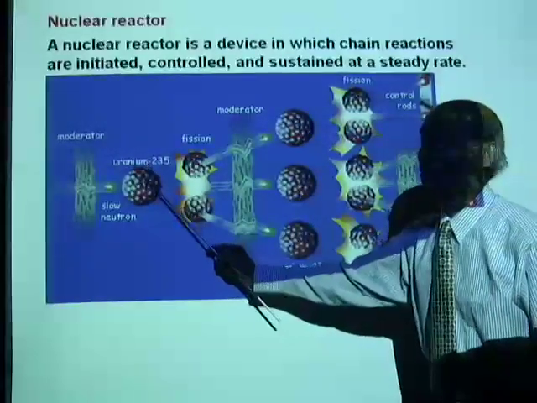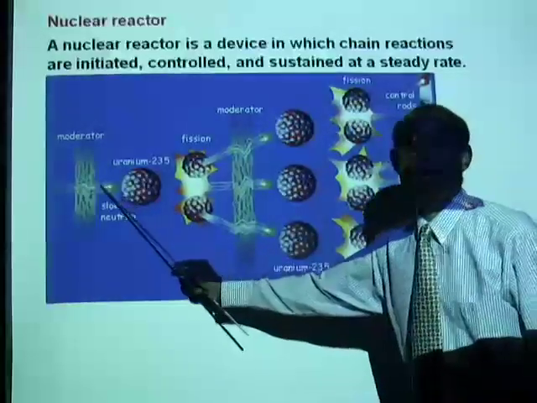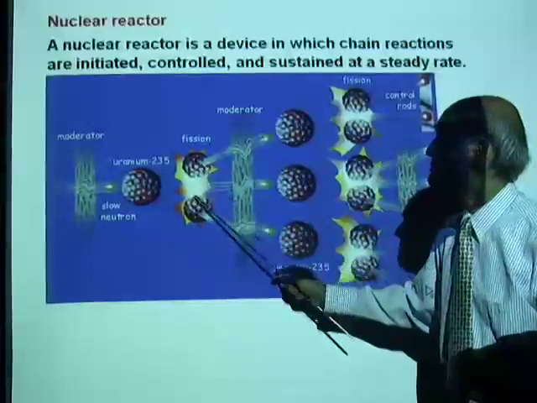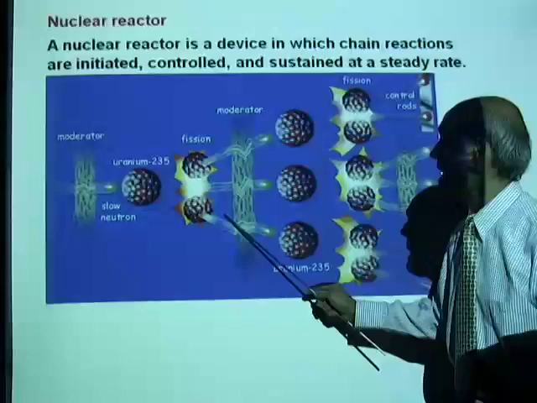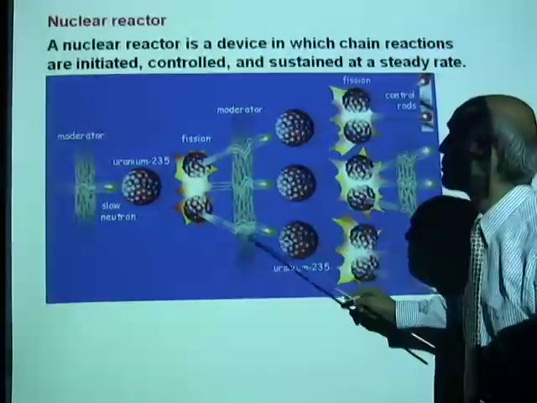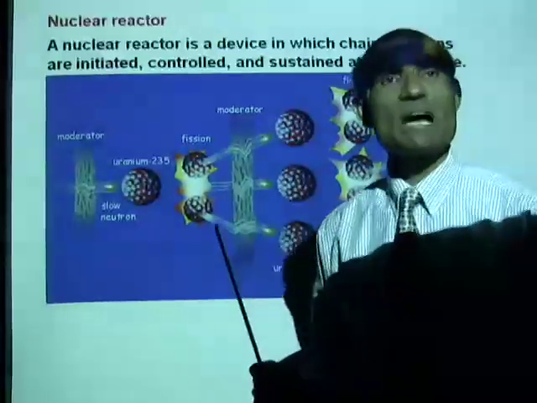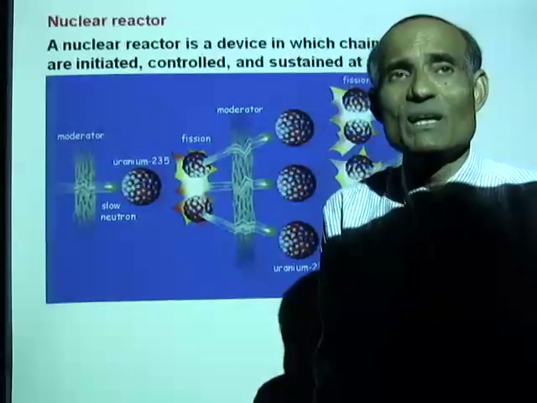If you have 1 uranium-235 undergoing fission by absorbing a slow neutron, it produces barium, krypton, and say 3 neutrons. Now, there is a material called moderator. We will talk about that as we go on. A reactor contains a material called moderator.